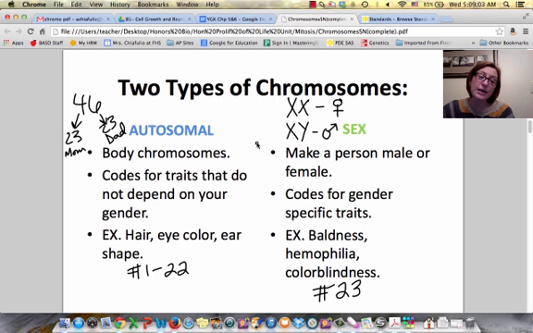So if you look at it, okay, mom can only give an X, right? When her cells are dividing and she's splitting and making her DNA, it's like, okay, an X here or an X here. There's no guesswork there. You're going to get an X chromosome from your mom. But with your dad, an X or a Y, only boys have that Y chromosome.